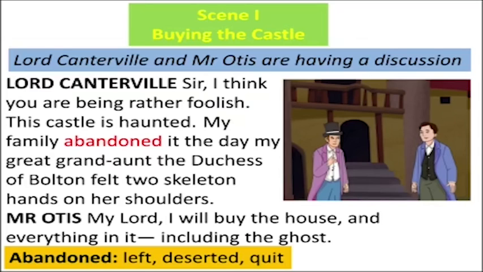From that day onwards we came to realize that this is a haunted castle, so you should not buy this castle. But Mr. Otis is determined to buy this house, this castle, and he tells Lord Canterville that I will buy the house and everything in it, and also including the ghost which is there inside it.